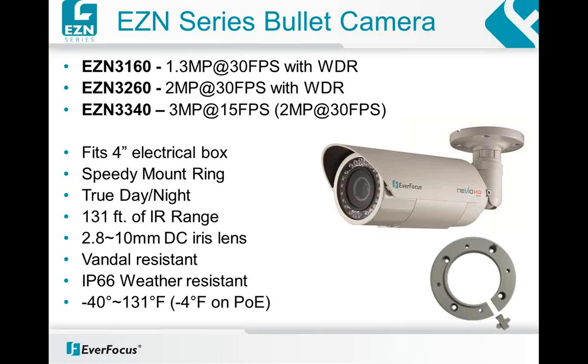So this one you do not have to fidget around with the lens while you're on the ladder mounting it. You can just mount it, plug it in, leave it up there, and then come back to the computer that's on the network or the NVR that's on the network. And because it has a motorized lens, you can focus the camera remotely rather than doing it on the ladder.